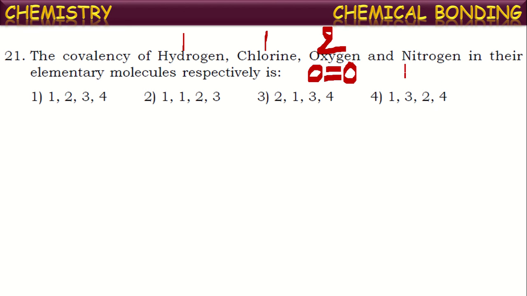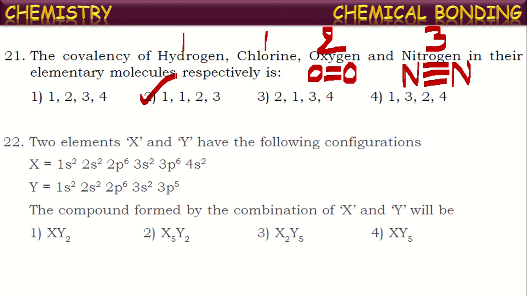And in the case of the nitrogen molecule, both nitrogen atoms share three pairs of electrons with each other. So here the covalency is considered as 3. Now see, respectively 1, 1, 2, 3. This is the correct answer.